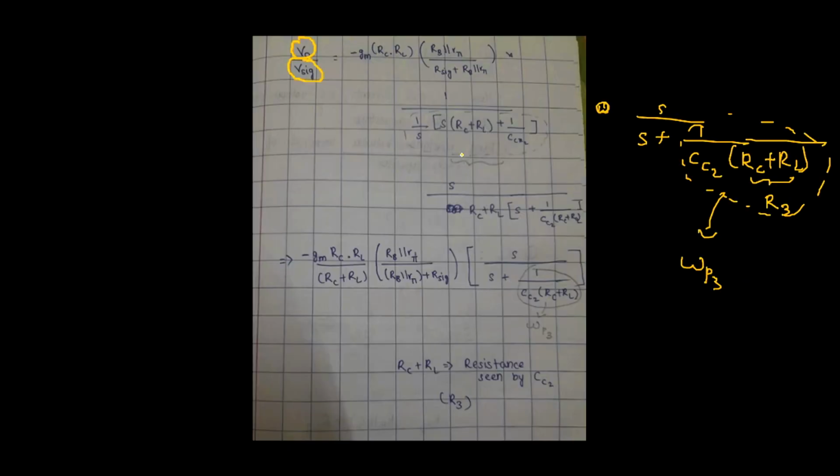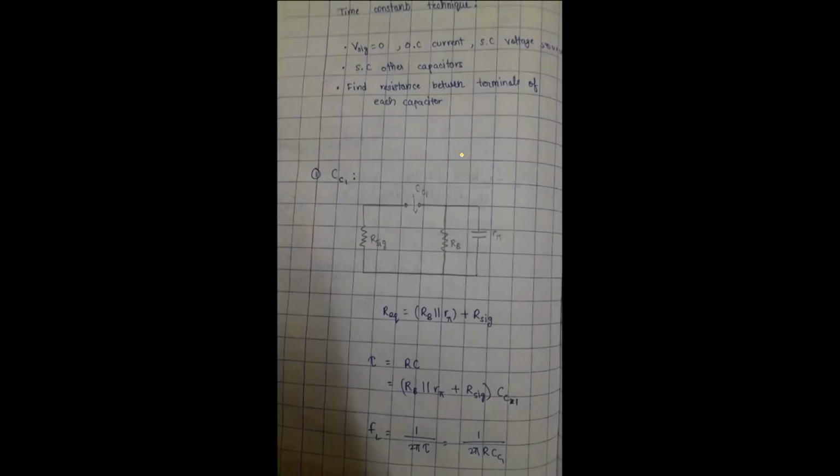While I was writing R3, R2, and R1, I said that they are the resistances seen through the terminals of the capacitor. So we just open the terminals of every capacitor one by one and see what the resistance is across each of them. This is called the time constant technique.